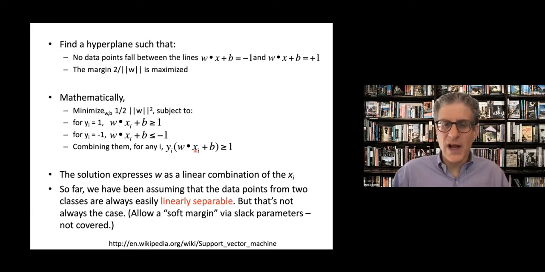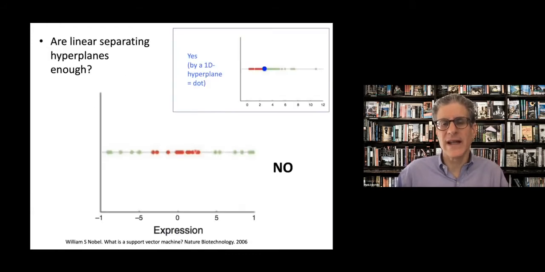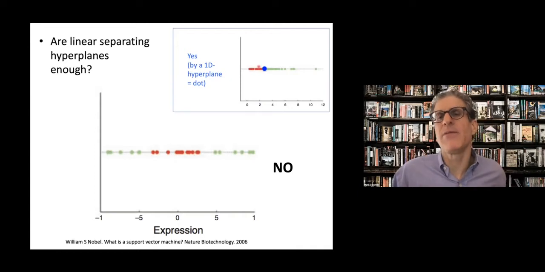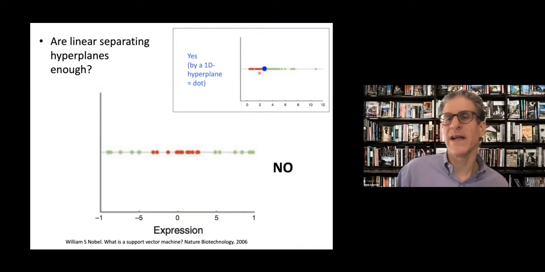But there's another idea they have, and that is that maybe we can generalize from a plane to make a more complicated shape. We can get a little bit of intuition for that if we think not of a plane, but of a one-dimensional line, sort of like a dot.